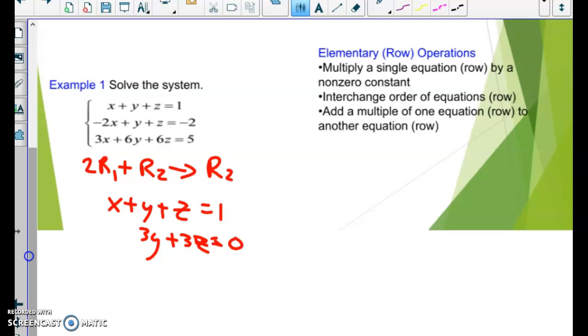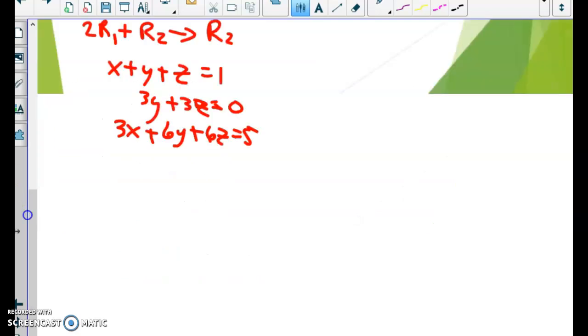And notice that my third row did not change at all. And now I take the first row times -3, so row 1 times -3 plus row 3, and then I'm going to put it back into row 3. So if I do that, my first row stays the same.